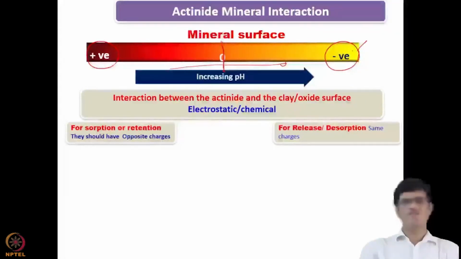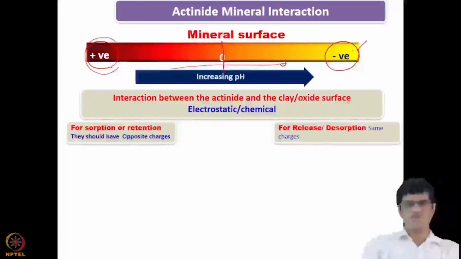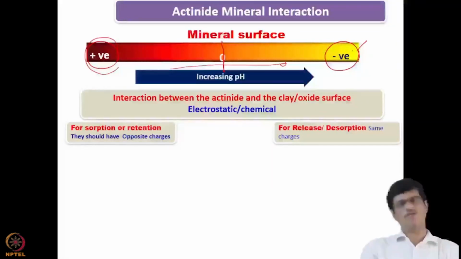If you have anionic species, they will interact at the lower pH value, where the positive part of the mineral surface will bind the negatively charged complexes. At the higher pH value, where the mineral surface has a net negative charge, it will bind the positively charged ions or complexes.